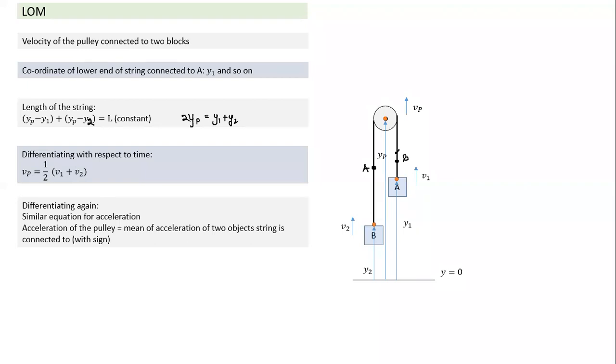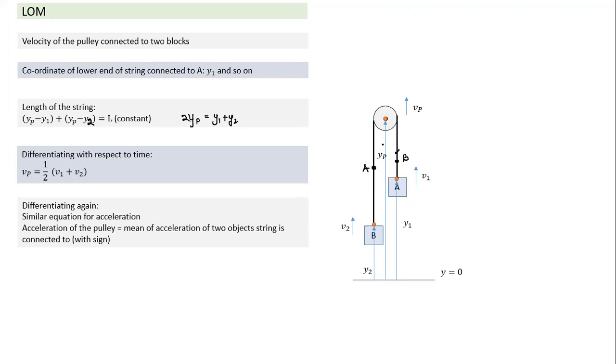If I take point B, whatever velocity v2 has on the block, this point also has the same velocity. And this point also has the same velocity as v1. So we can also say what the velocity of the pulley is. Velocity of the pulley is the average velocity of points on the string on either side.